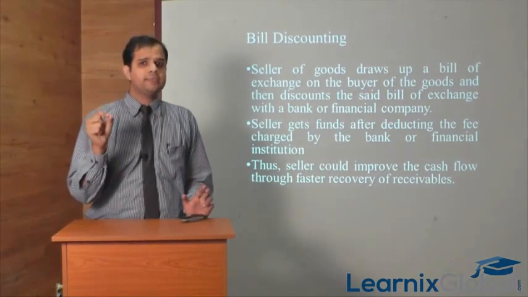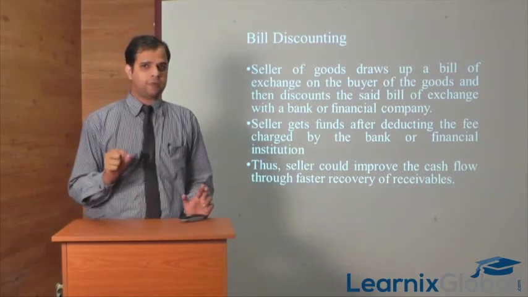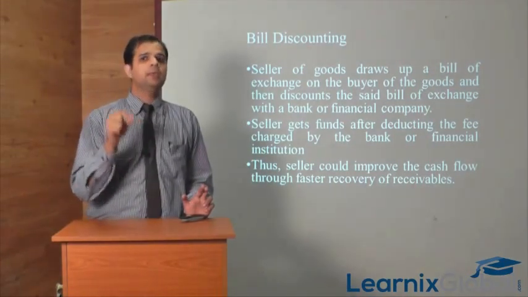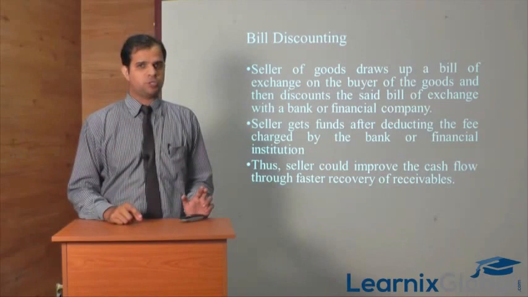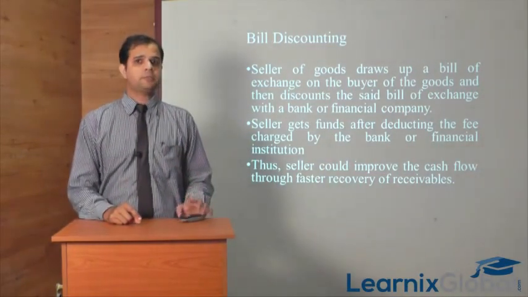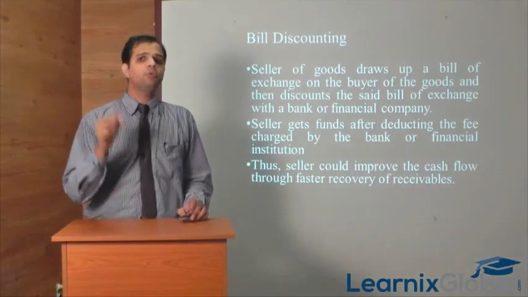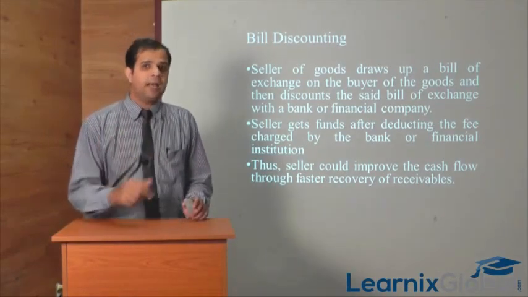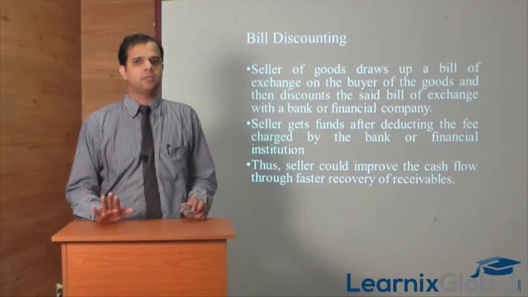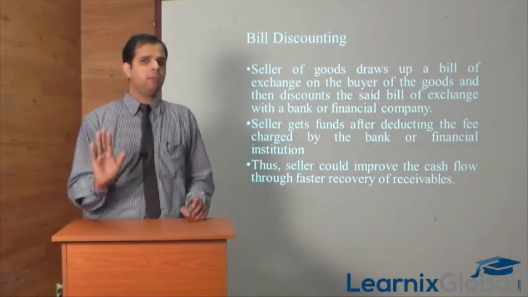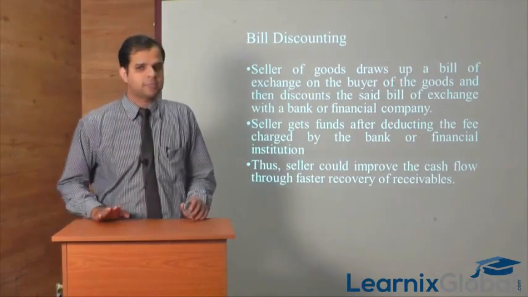For getting it discounted so that the seller will get funds. Vis-a-vis, the bank will also get a commission. Third important aspect, by getting this, what is the benefit? The seller is able to improve his cash flow compared to keeping the bill at the original level. So these are the three important pieces of information of the bill discounting process.